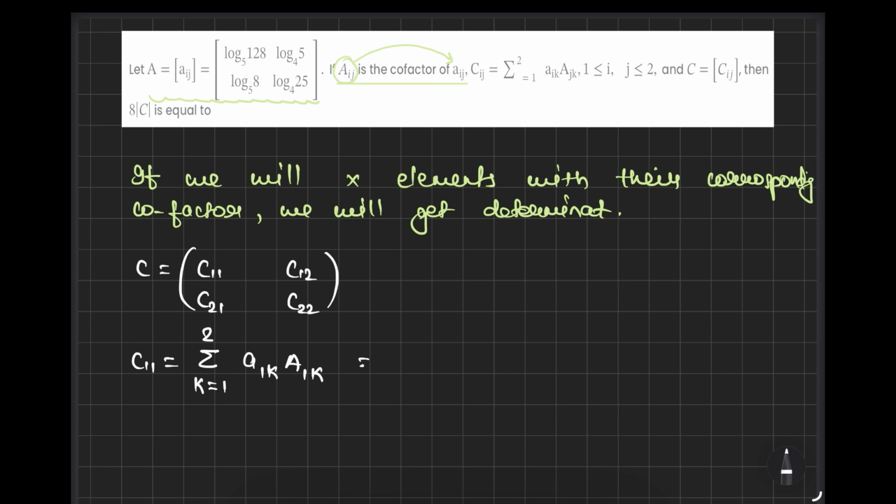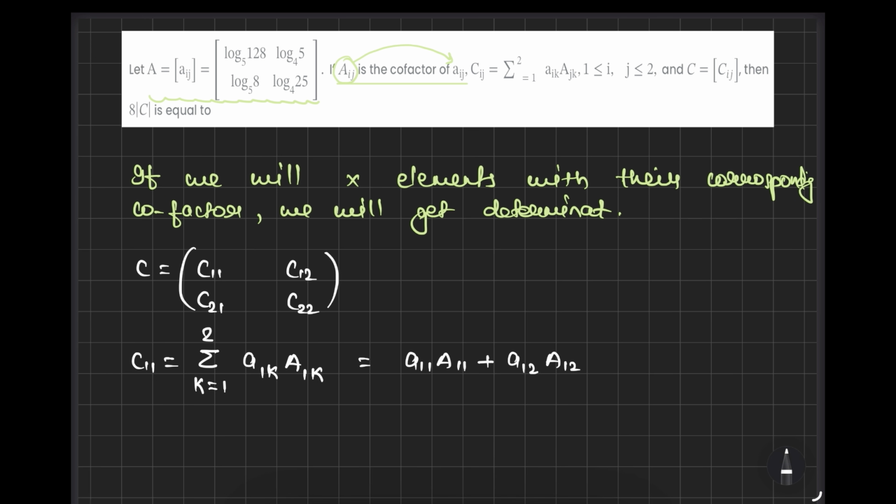Now look at this. Suppose that in place of k, I write 1. So it is A11, A11 plus A12 into A12. Look at this.